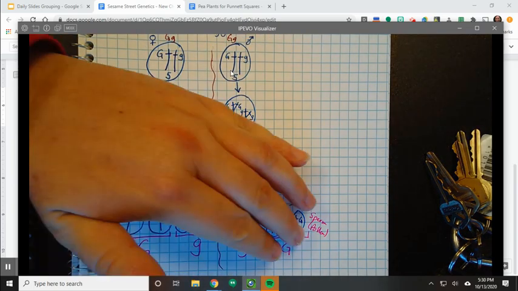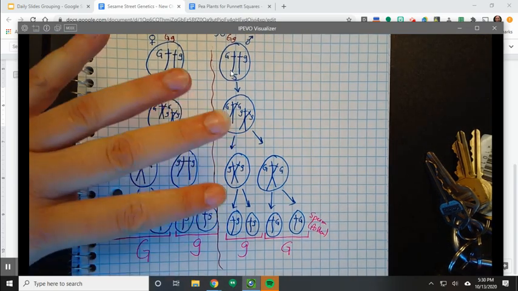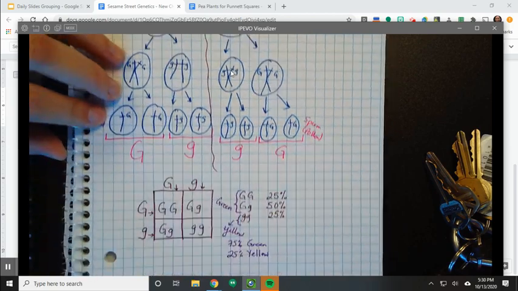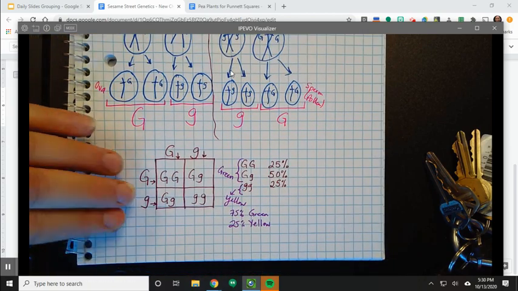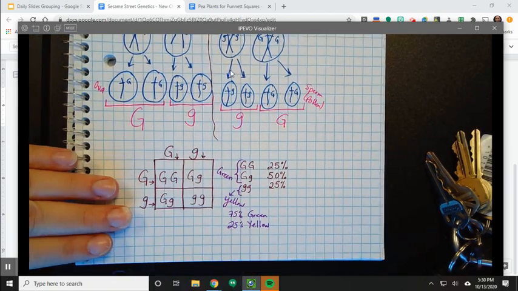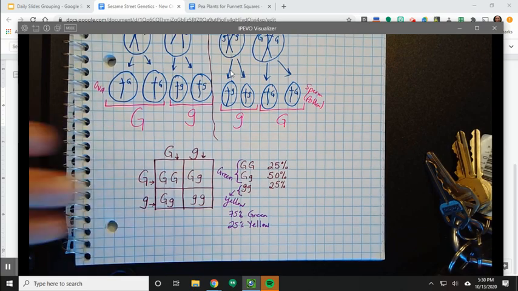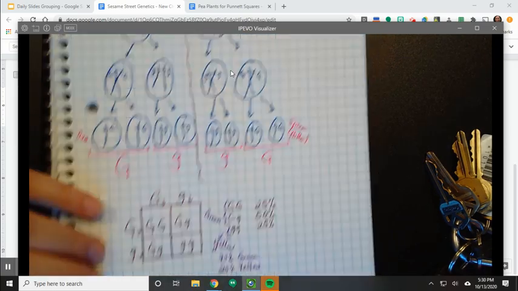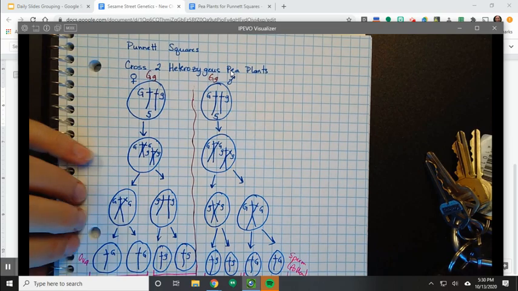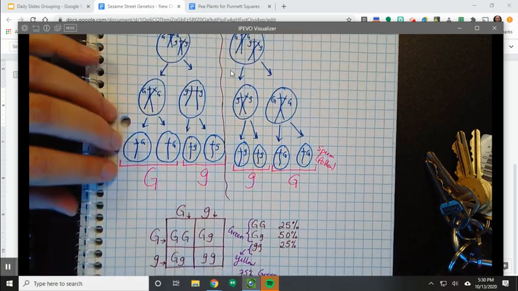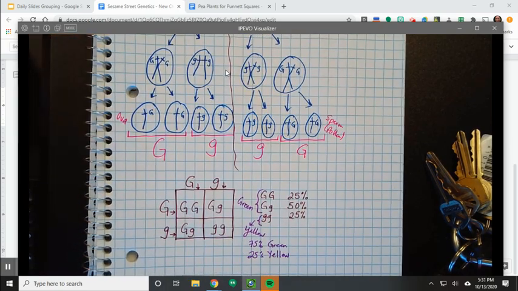So you could go through the same process with this model, or you can use a Punnett square and go through the same process with this model. This one's a little bit simpler. We've been doing this a little bit longer. It doesn't matter how you go about it. Either way is perfectly fine.